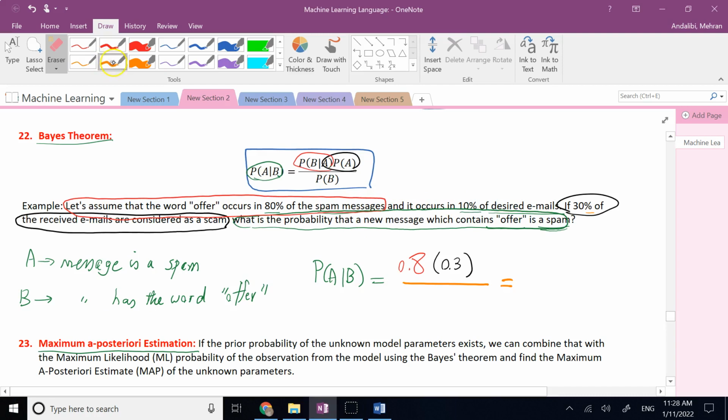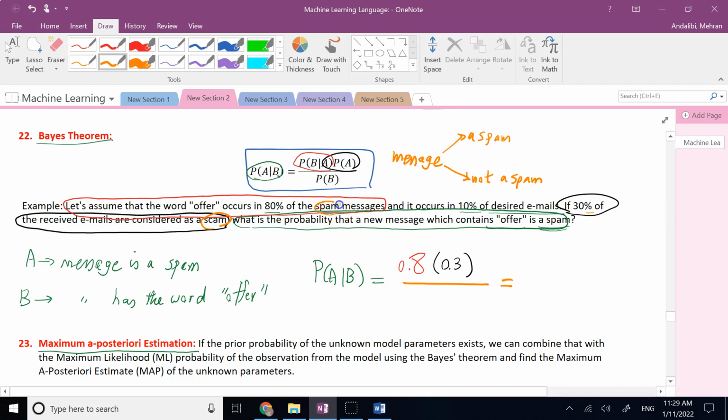So here you can say my message is either spam or not. Or scam. Here we are using the words scam and spam kind of interchangeably.